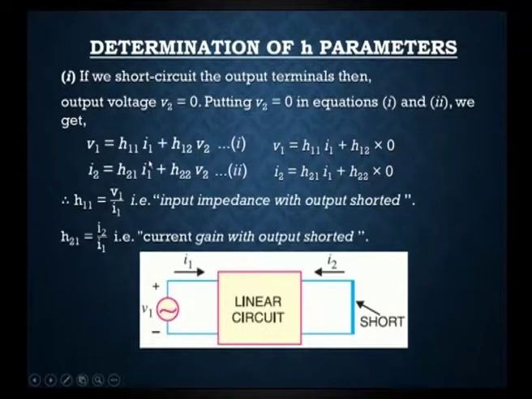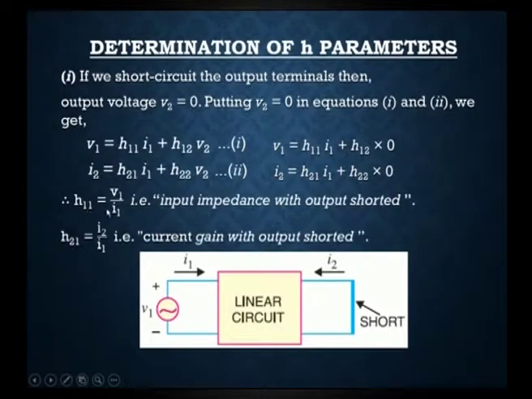The very first case is if we short circuit the output terminal, then the output voltage V2 will be 0 and I2 will be flowing. Putting V2 equal to 0 in equations 1 and 2, equation 1 becomes V1 is equal to H11 I1 and I2 is equal to H21 I1.